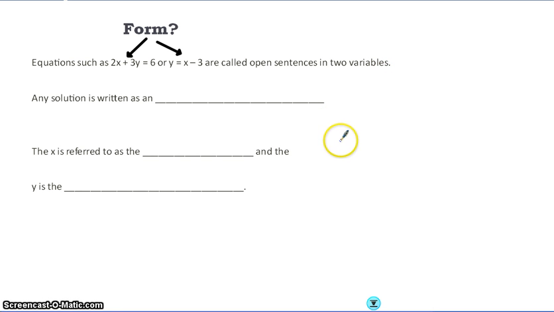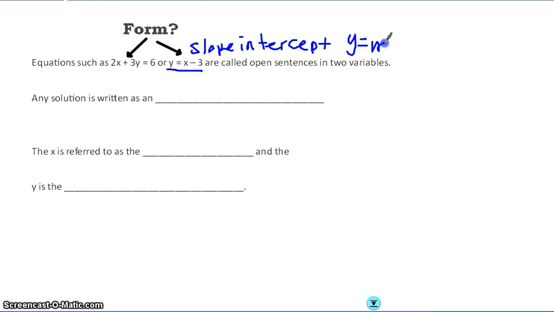The next thing we're going to look at in this unit is dealing with equations and inequalities again, but in different forms. A lot of you probably recognize this form, y equals. It's also called slope-intercept. It's in the form y equals mx plus b.